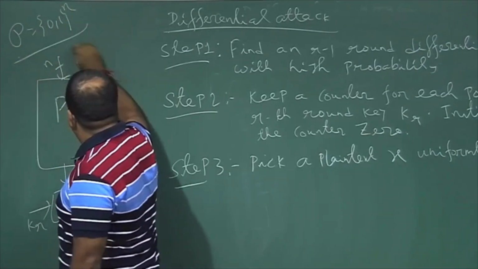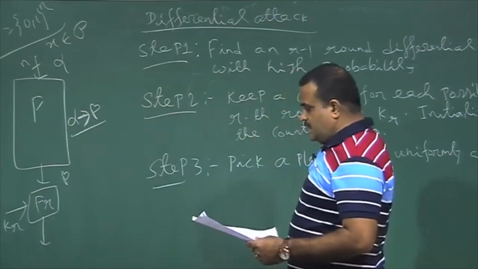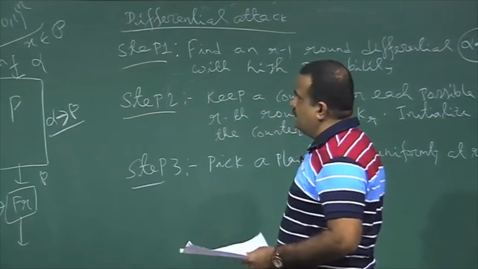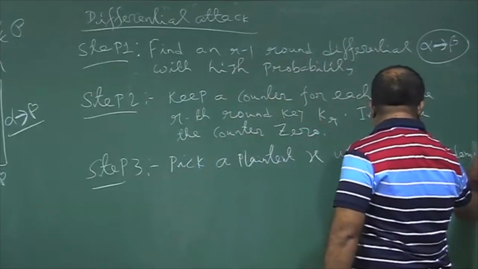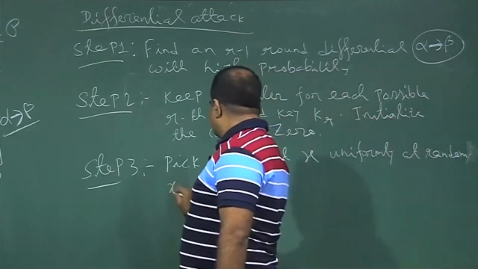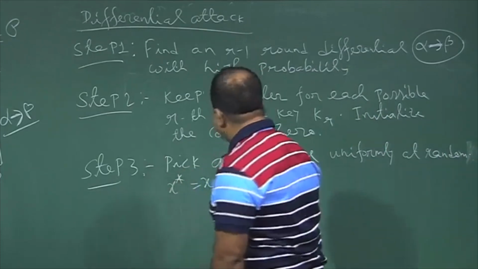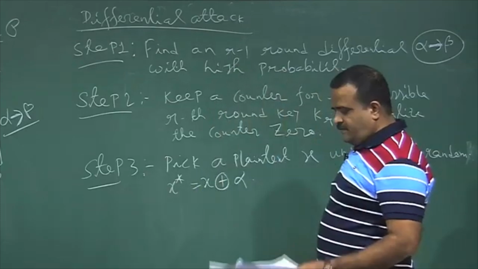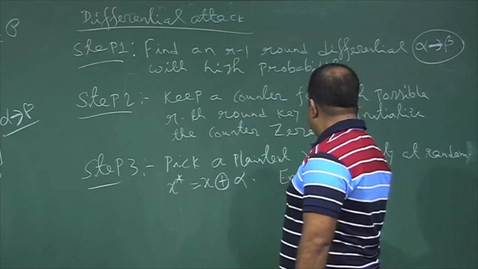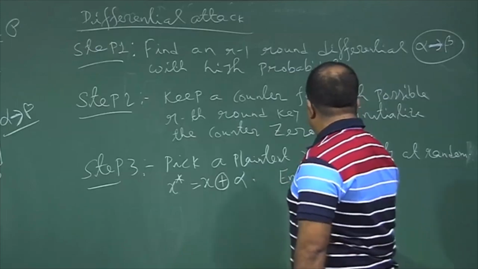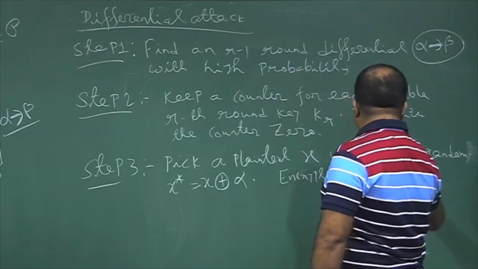So we choose an x from this randomly, which is an n bit vector, and then we take x star, which is x XOR alpha, another plaintext, so that their difference will be alpha, and we encrypt both x and x star.